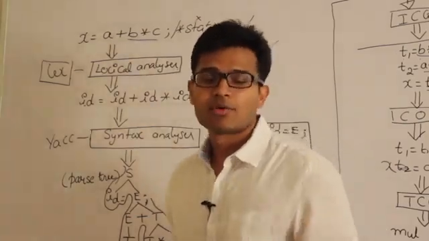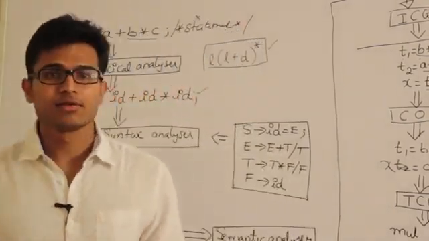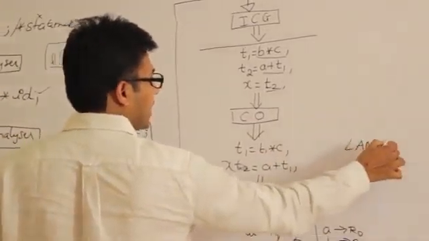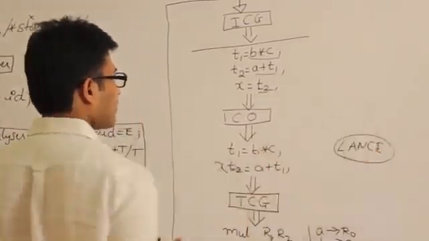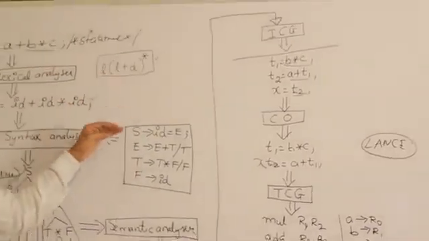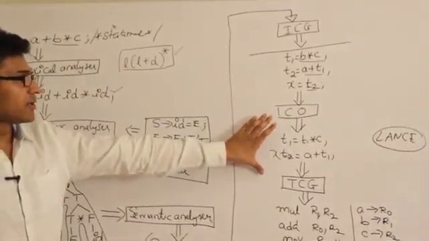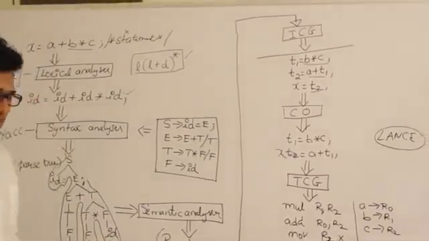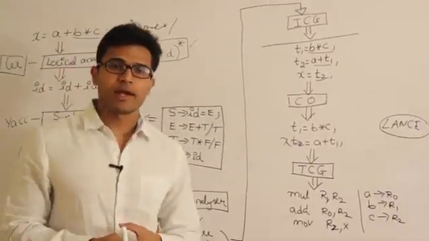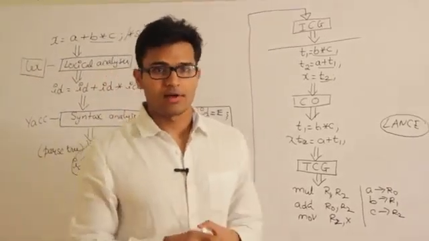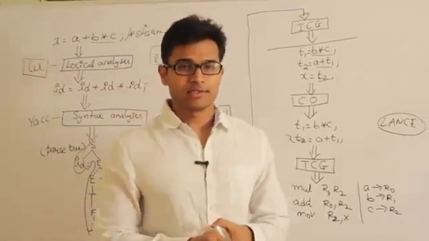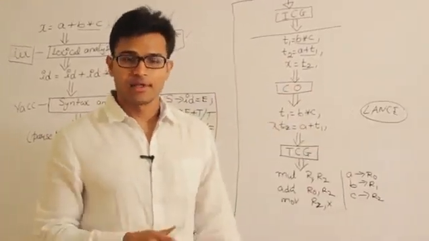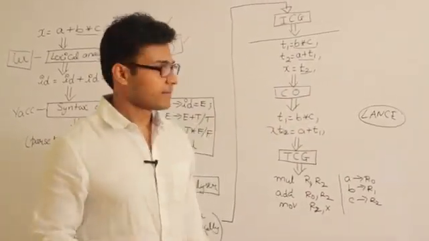And if you want to do any project on this compiler, there is a tool called LANCE. LANCE is nothing but an implementation of the front end of the compiler, which will give you intermediate code, and then you can implement the back end on your own depending on the platform. Okay, so what I mean to say is, theoretically there are all the phases, but practically we have the front end and back end. All the phases till the intermediate code generator are implemented together, and mainly they are implemented in the syntax analyzer.